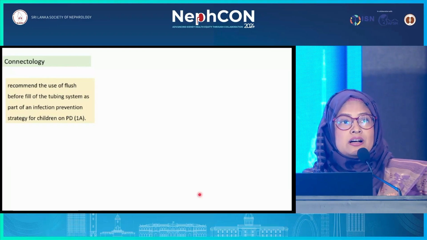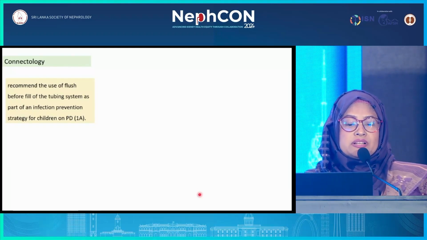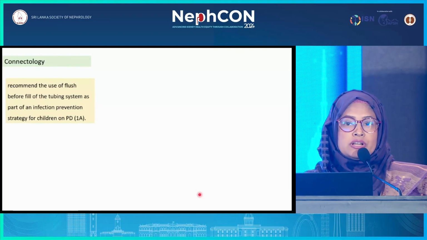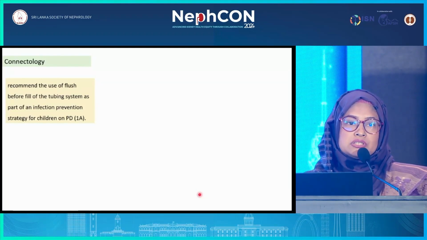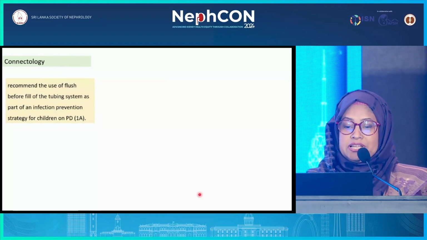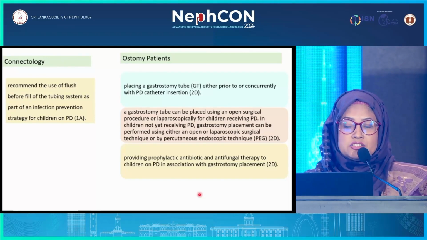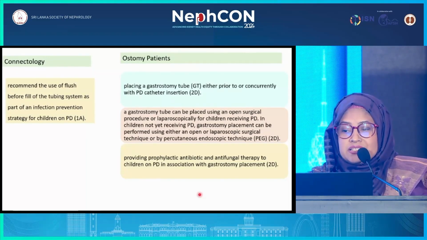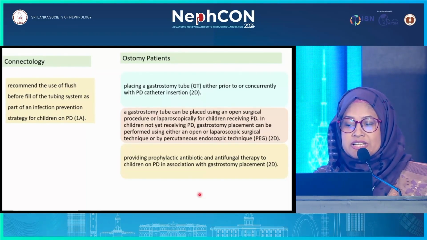To prevent peritonitis, flush before fill is currently recommended, to wash out organisms relocated in the catheter. And nowadays, enteral tube feeding has become the standard of care for children with chronic kidney disease.